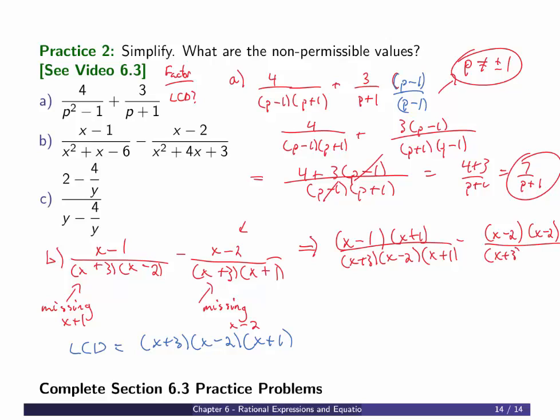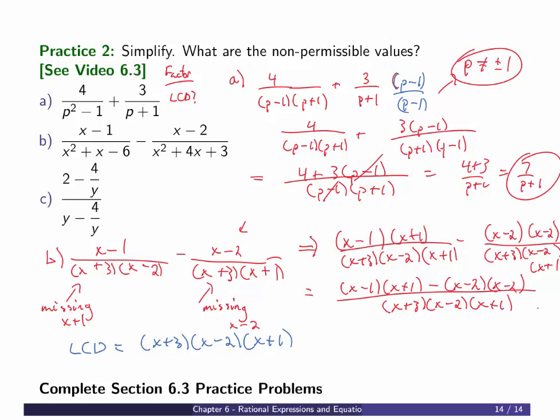And we have x plus 3, x minus 2, ran out of room here, it's going to be x plus 1, that's not a fraction. Okay, running out of room. For the next one, I'll erase all this. So when you add, what you're left with is x minus 1, x plus 1, minus x minus 2 squared, all over x plus 3, x minus 2, x plus 1.